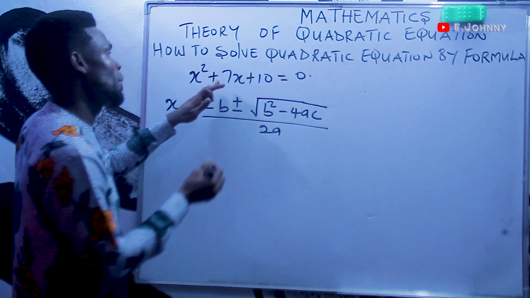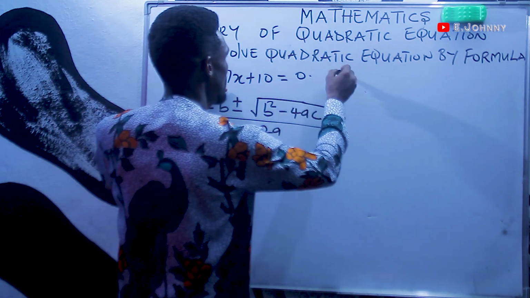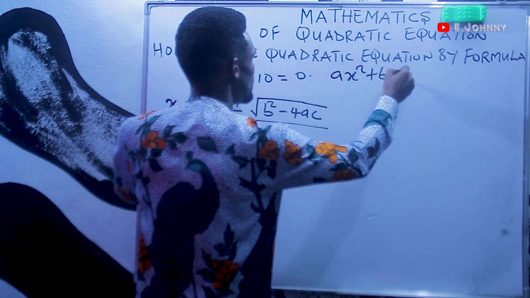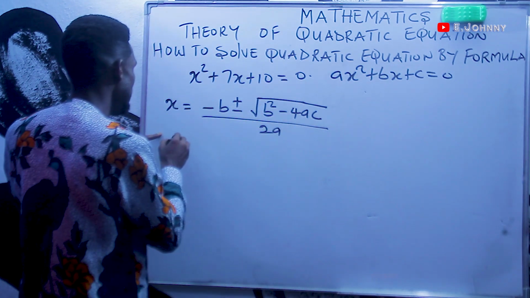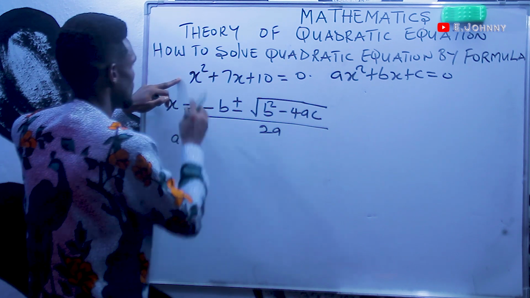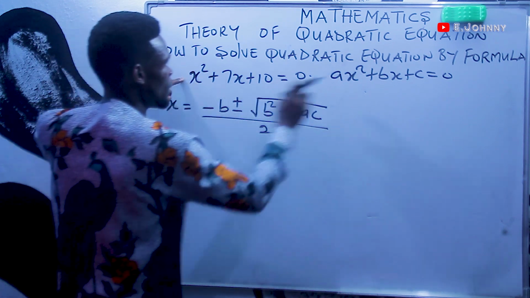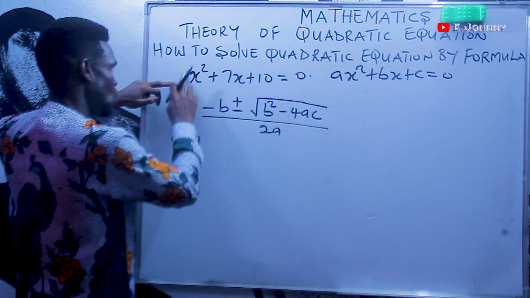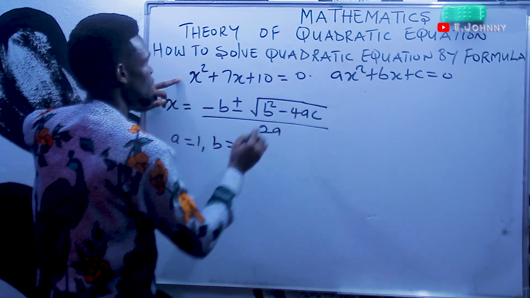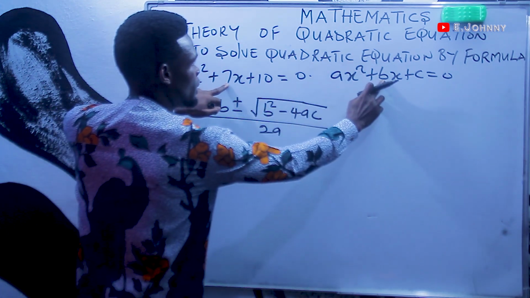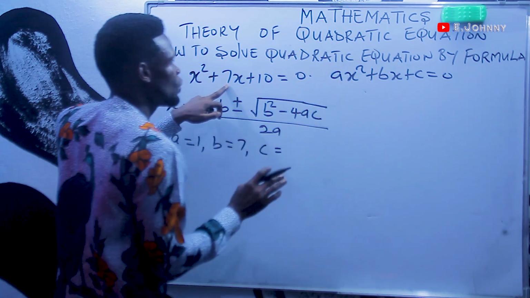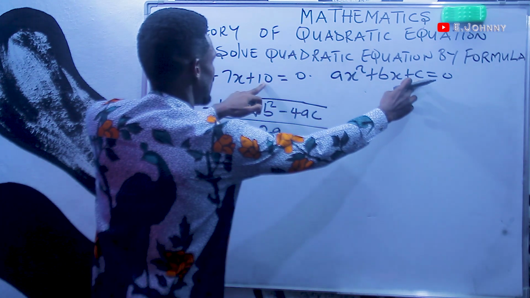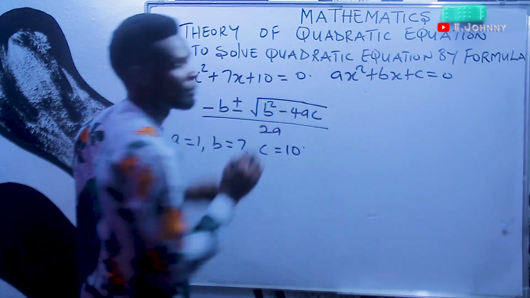If you compare the equation with the general form ax squared plus bx plus c equals 0, you will agree with me that a is 1. In other words, the position of a here is 1. What is occupying the place of b is 7, so b is 7. What is occupying the position of c? c is 10.